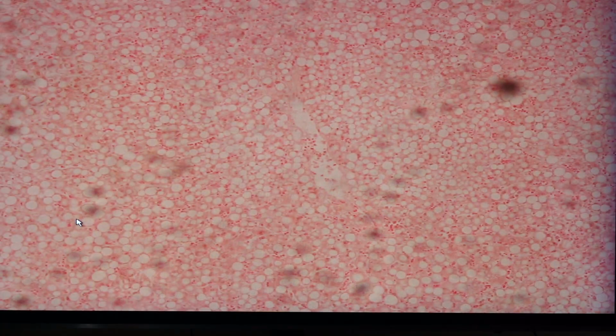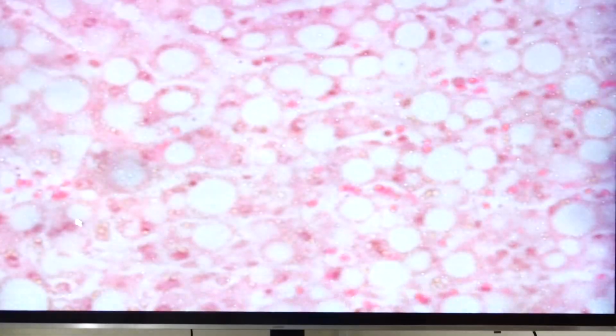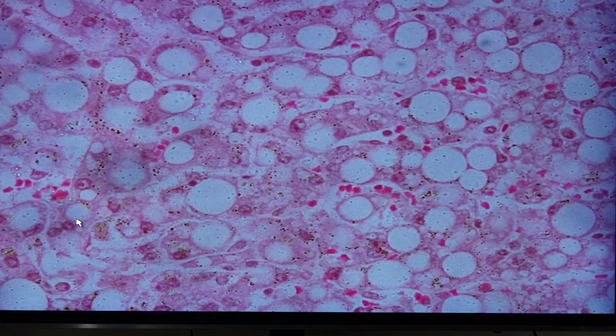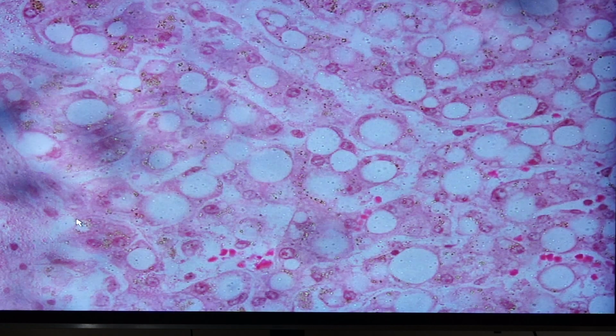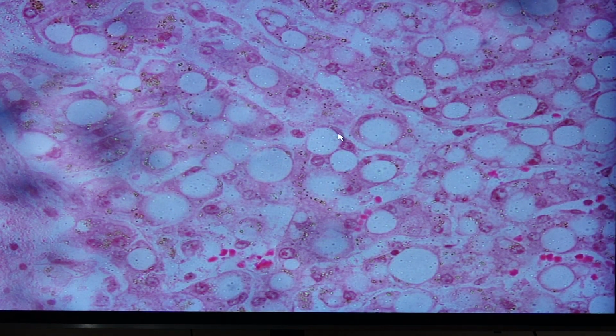Next slide will be slide number 32, which is fatty metamorphosis. Fatty metamorphosis refers to lipid accumulation within the cytoplasm of the hepatocytes.